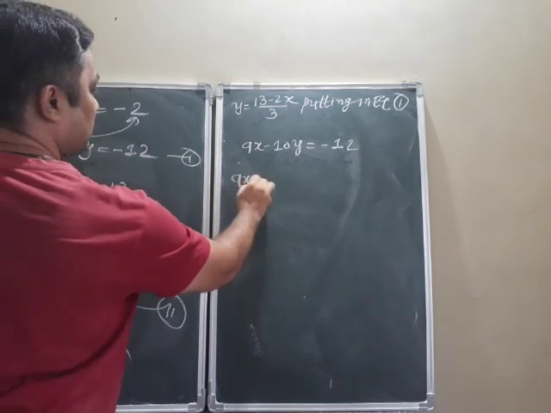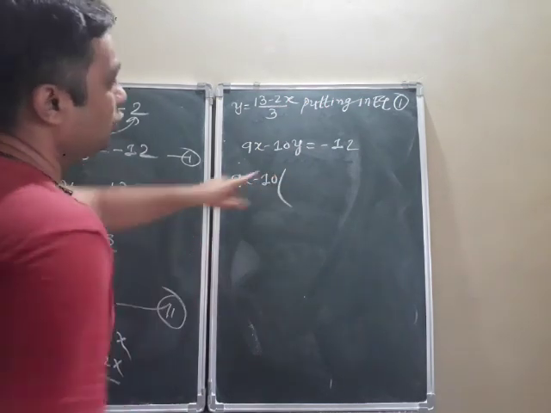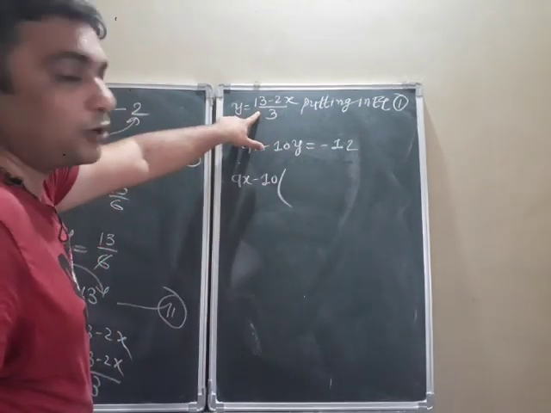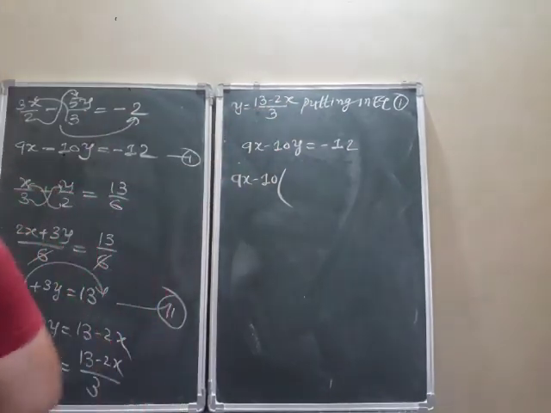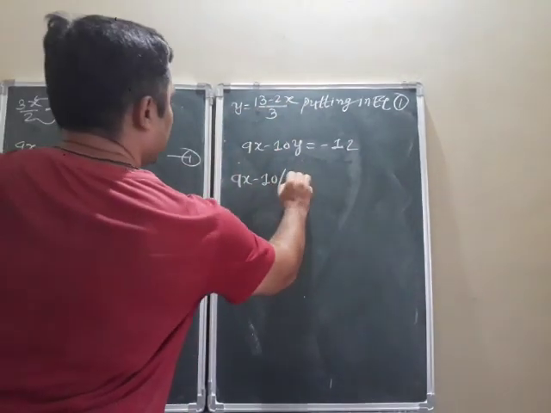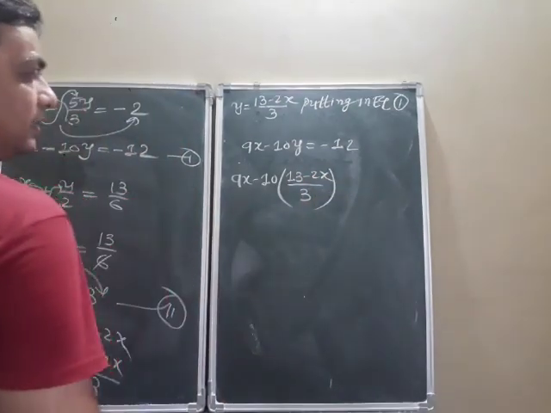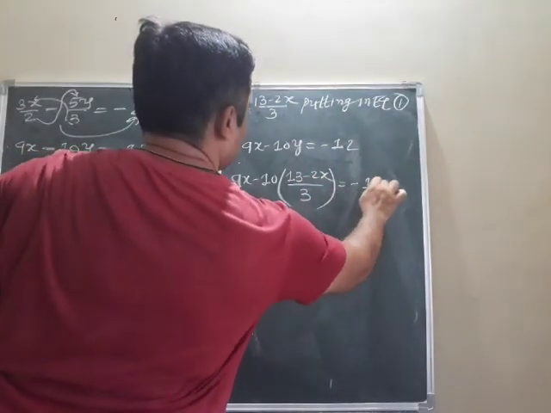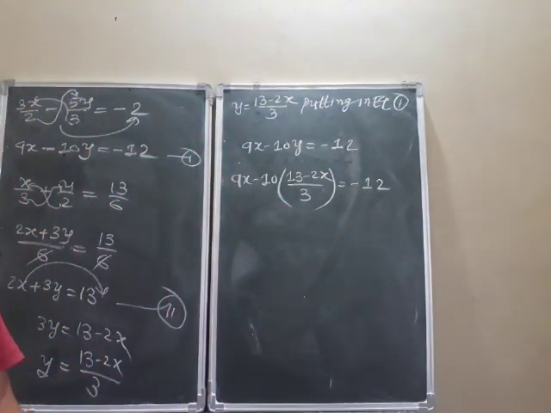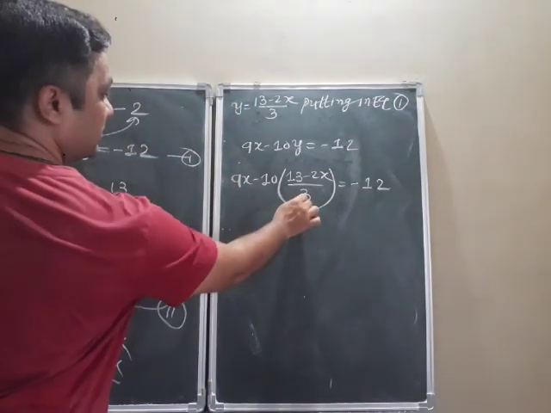So 9x minus 12 times the value of y. What is the value for y? 13 minus 2x upon 3. So this is 13 minus 2x upon 3, right, is equal to minus 12. Now see, this 3 is multiplied.